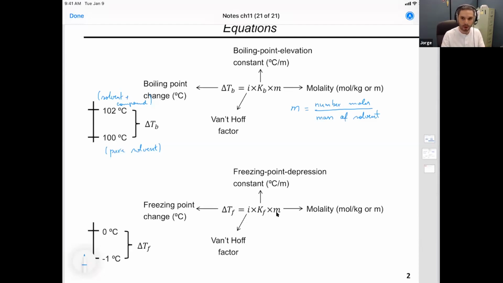So now what I would like to cover here is the Van 't Hoff factor. Because delta TB and delta TF depend on the amount of ions in solution, we need to use the Van 't Hoff factor to correct for that.